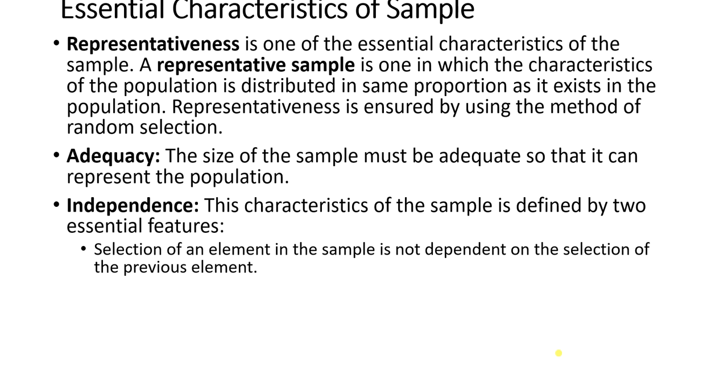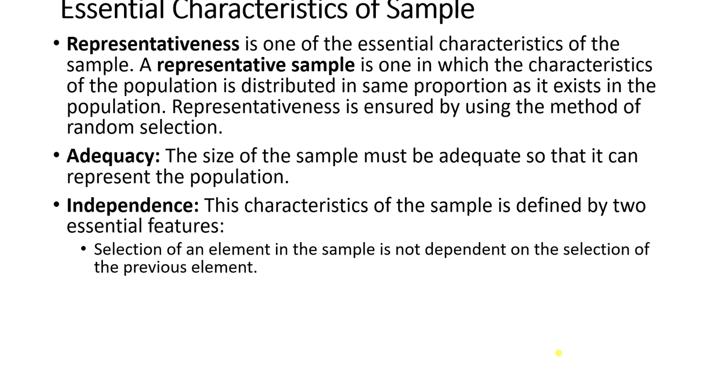First, the selection of an element in the sample is not dependent on the selection of the previous element. So if element A has been selected, it is not going to influence the selection of any of the other remaining elements. Then this independence characteristic has been achieved.